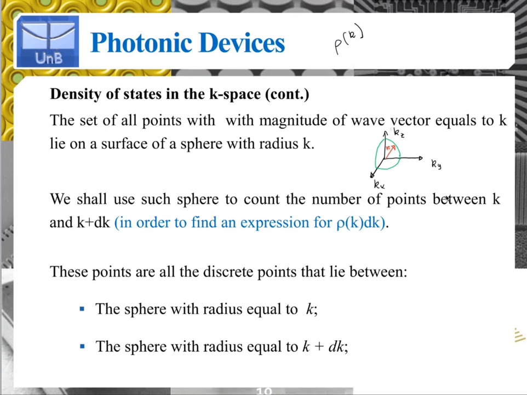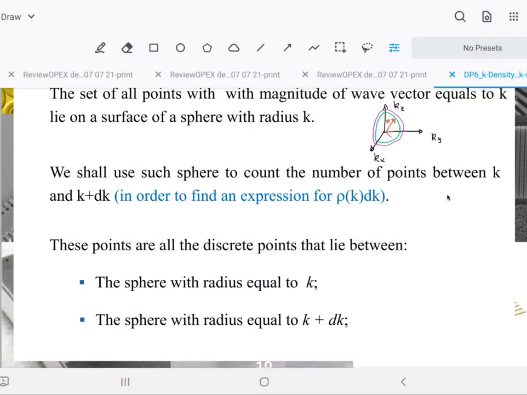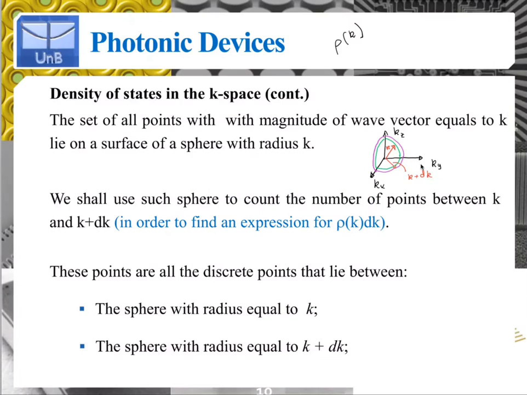So I'm going to draw this other octant here in purple, but it has a slightly larger radius, k plus dk, right? In such a way that the outer radius is k plus dk, and you have a shell volume defined between the two surfaces.